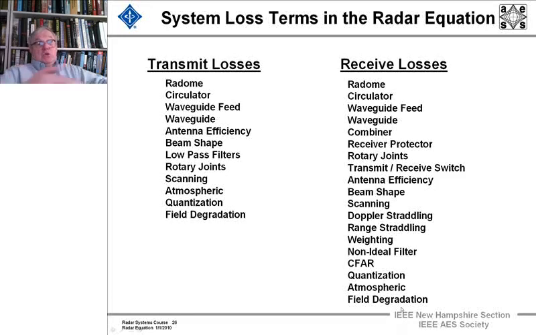So the effective range of the whole radar can be drastically impacted by each of these not coming into play to the specified amount by 1/10 or 2/10 of a dB. And there's one fundamental rule. You don't get plus losses. They always count on the negative side of things.